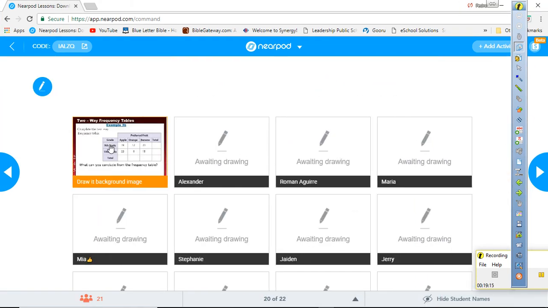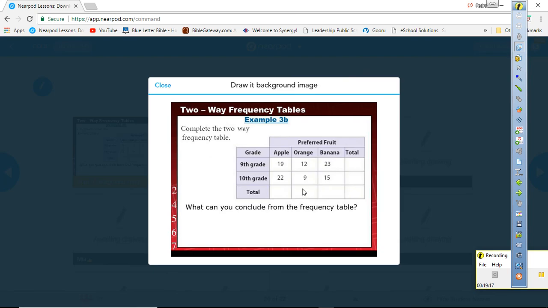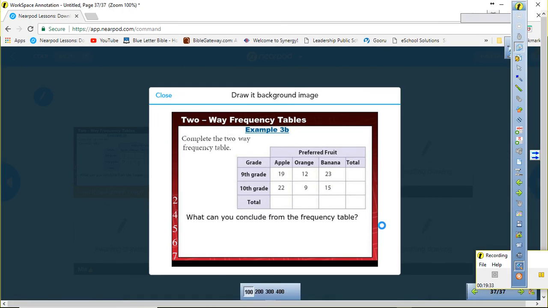Example 3B. Copy that table, please. It says, complete the two-way frequency table, and then I want you to summarize the data. It says, what can you conclude from the frequency table? I'm going to zoom in here.